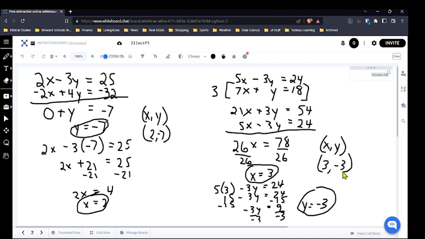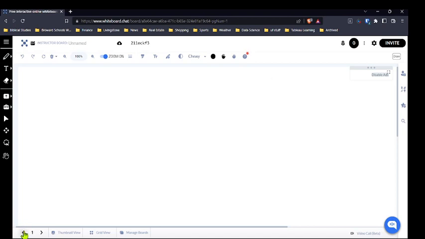So the gist of this second one was I was able to multiply one of the equations by a number in order to find the number that would offset the one from the first equation, in this case the y variable. Now I'm going to show you the third and final situation.